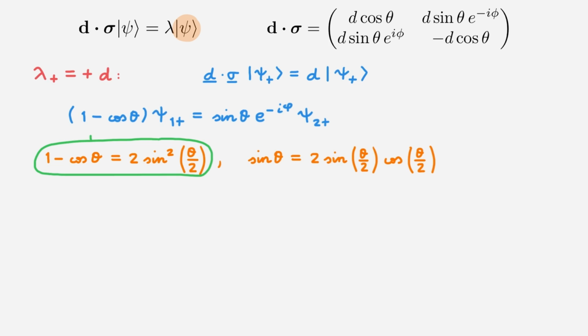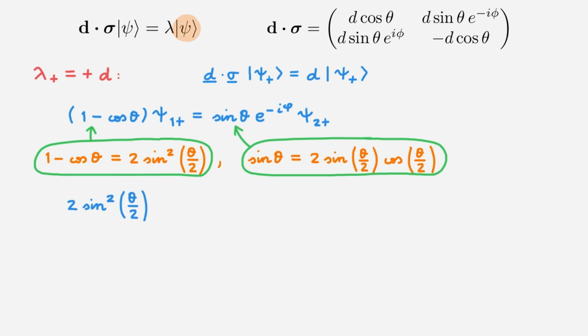Inserting this expression into this term, and this expression into this term, we can rewrite the condition that the eigenstate components must obey like this. We can now cancel this factor and that factor, and we can also cancel out a term sine of theta over 2 from both sides here and here.